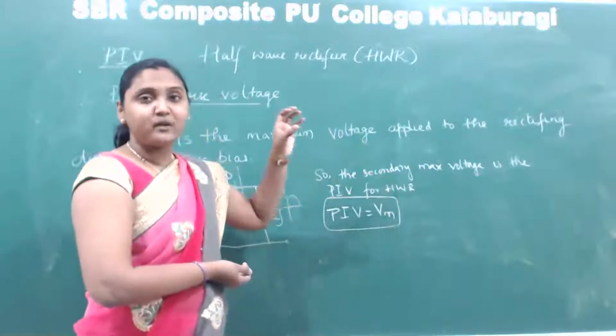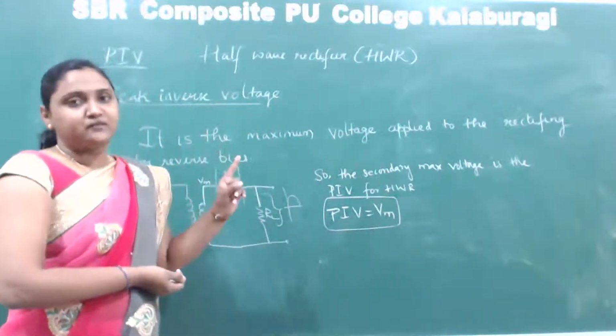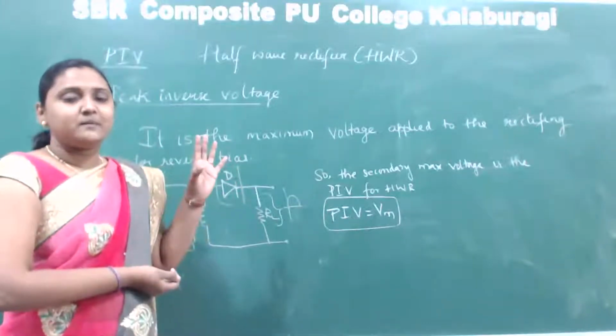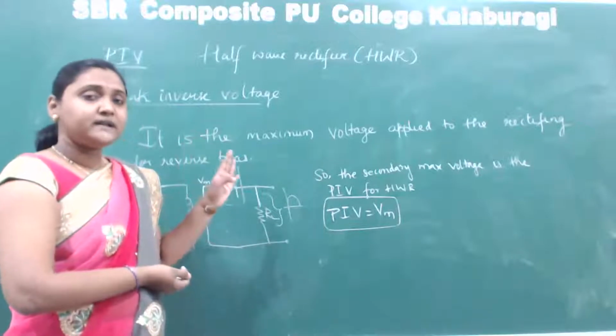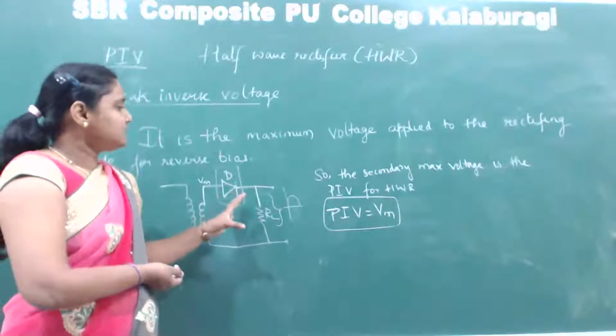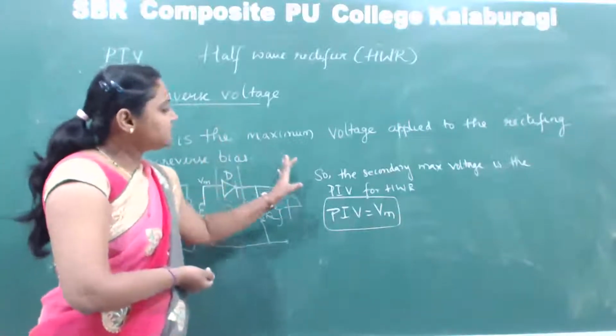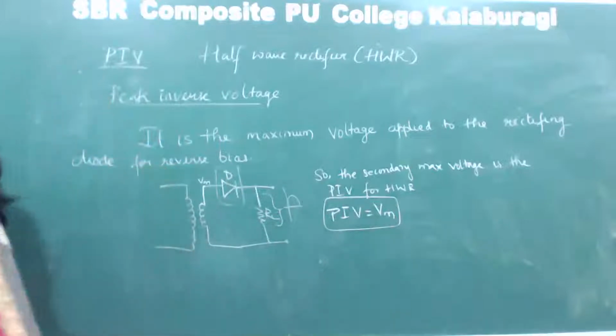So this is the maximum value of voltage that will be applied to the diode when it is reverse biased, not conducting, acting as an open switch. This is about the peak inverse voltage. Peak inverse voltage is given by Vm.